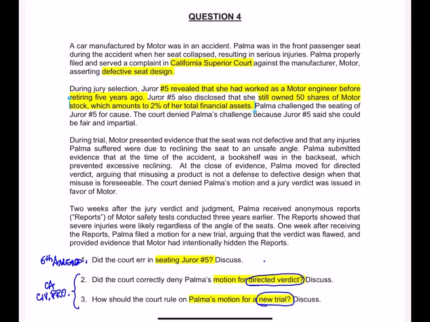So, evidence of potential bias here, right? Palma challenged the seating of juror number 5 for cause. The court denied Palma's challenge because juror number 5 said she could be fair and impartial. Okay, stop here. What do we know about the law regarding jury selection from the Sixth Amendment, from California civil procedure? Let's look at the law.